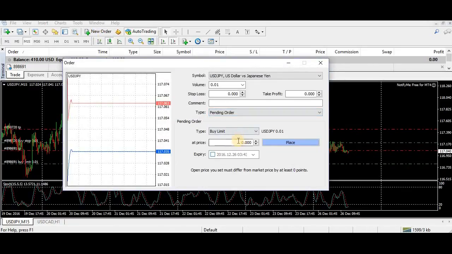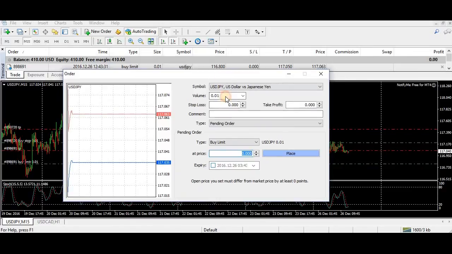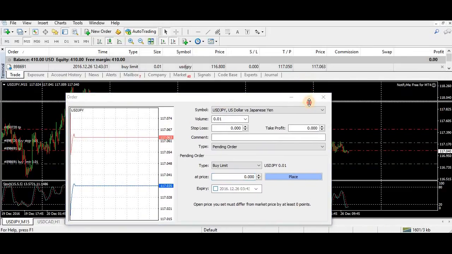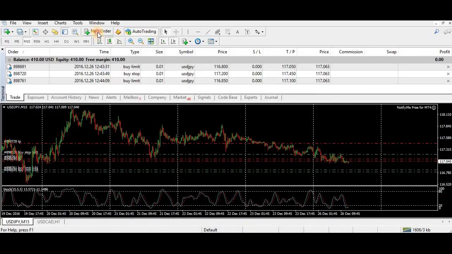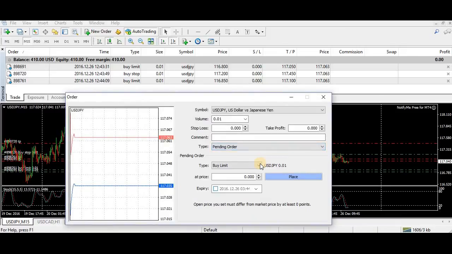Buy limit, 116.85, 117.10 for take profit. Buy stop, 117.15, 117.40.